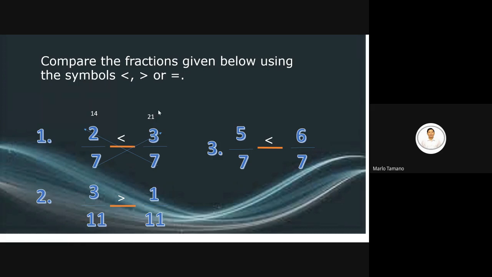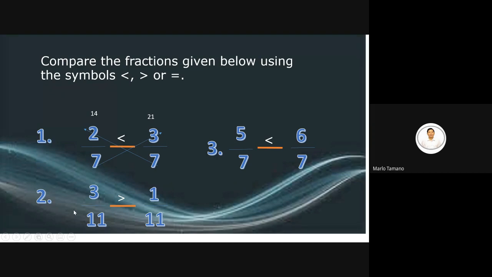So again, ang kinukumpara po natin dito ay yung 2/7 with 3/7. That's why 2/7 is less than 3/7. Pag binaliktad mo po yan, nag-interchange ng position si 2/7 and 3/7, so I-reverse po natin ang symbol, nakaharap sa 3/7, the greater than symbol.